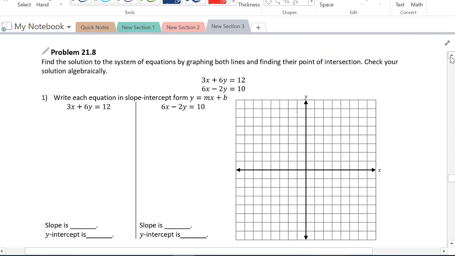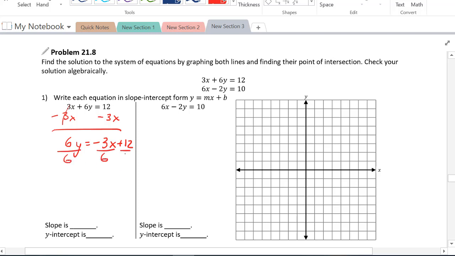Now the next one, we're pretty much going to do the same thing. We're going to take the first equation and solve for y, because you want to plot using slope. Minus 3x on both sides. That cancels out, and we're left with 6y equals negative 3x plus 12. Then divide both sides by 6.